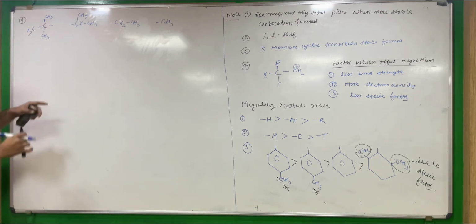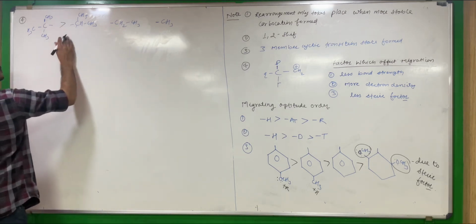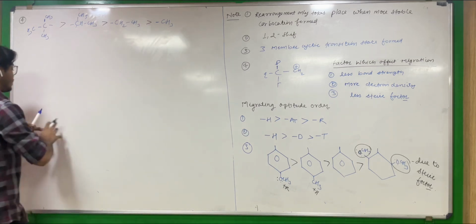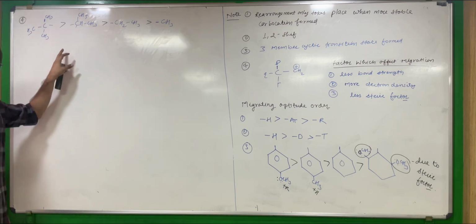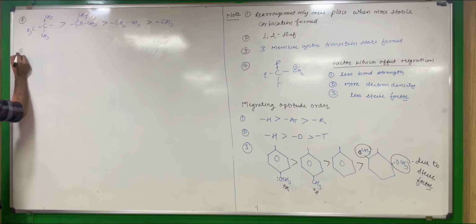If we compare migrating aptitude between these four groups, it will be like this: first 3° carbon, then 2° carbon, then this, then this. Why is this the migrating aptitude order? When we do examples, we will see the reason.